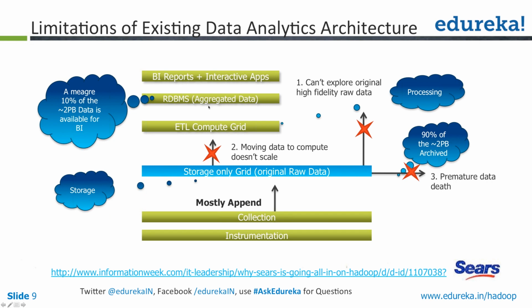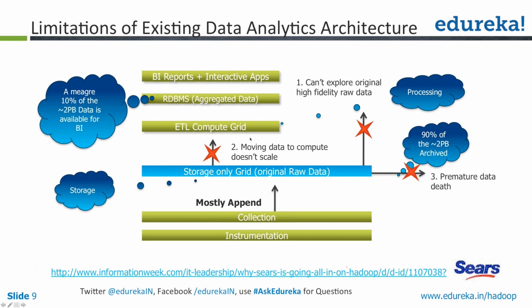So you have your storage grid here, which is getting this data from various sources, and then you extract the data and move it to your ETL compute grid here.